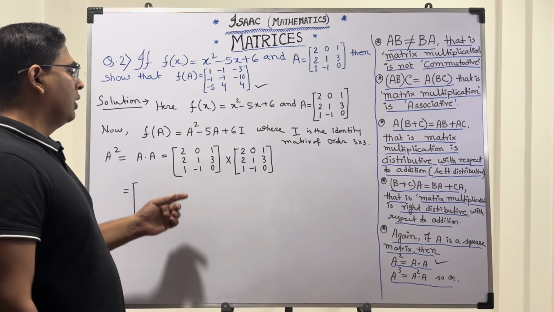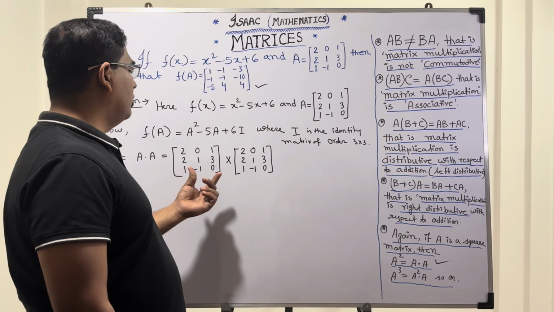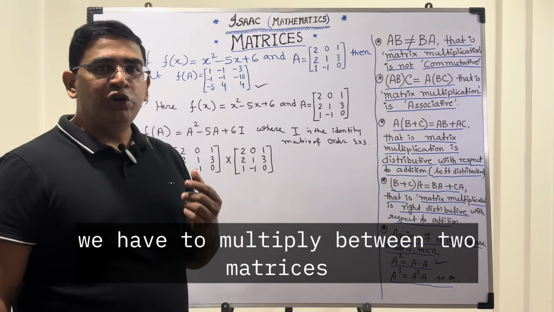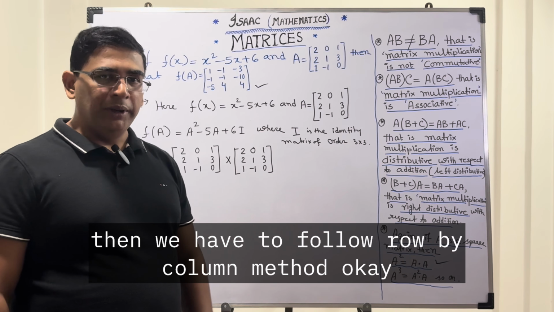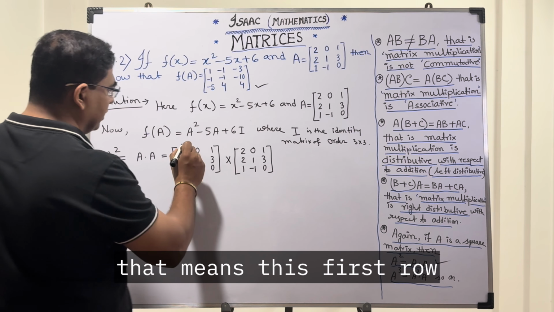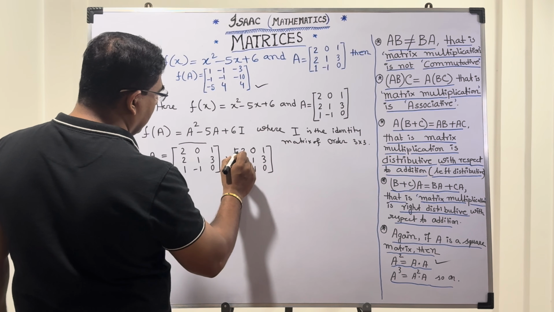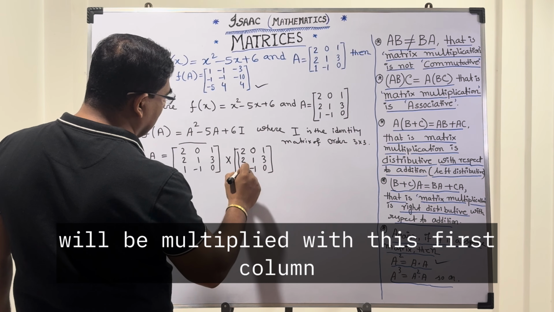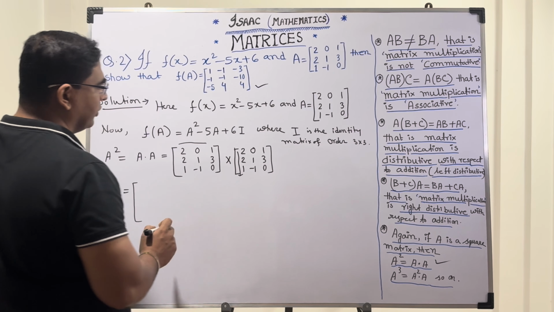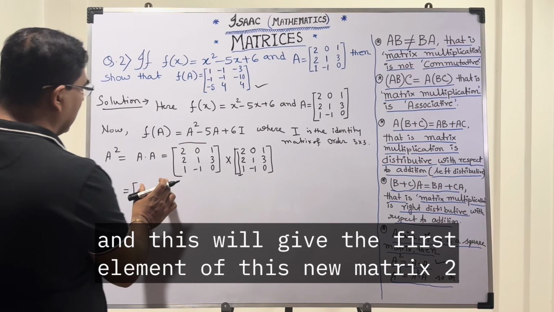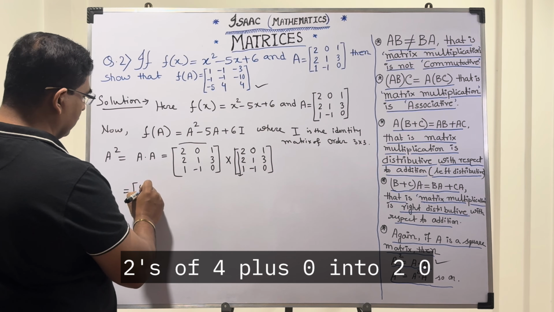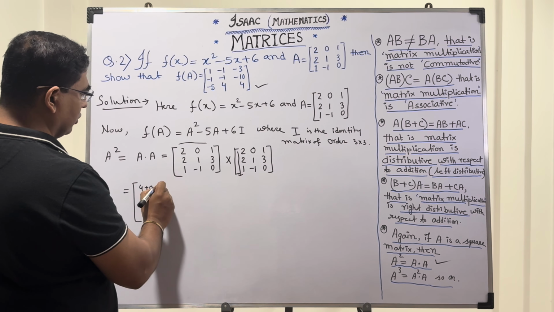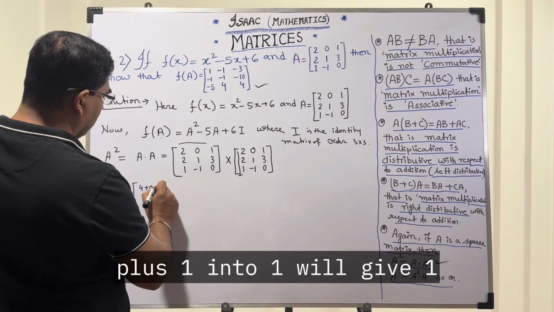Already we know when we have to multiply two matrices, then we have to follow the row by column method. That means this first row will be multiplied with this first column, and this will give the first element of this new matrix. 2 into 2 is 4, plus 0 into 2, 0, plus 1 into 1 will give 1.